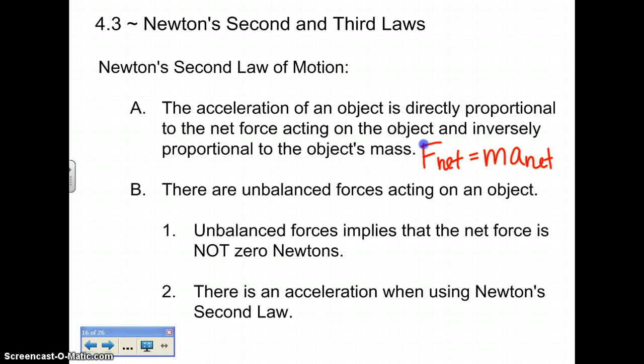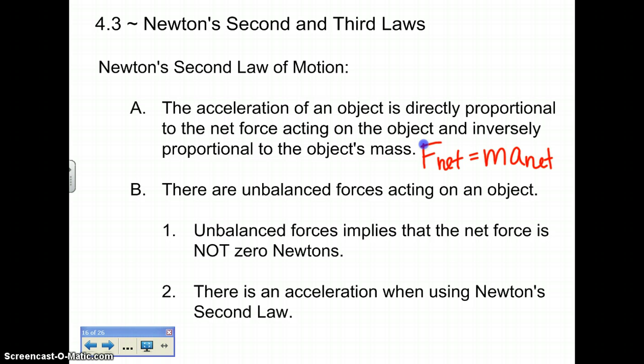So once again, the really big thing that I want you to get from this slide right here is, if there are balanced forces, then that means that one of two scenarios is occurring. The object is at rest, or the object is moving, but it's moving at a constant velocity, right? Because if you're at rest, v i equals 0, therefore your acceleration is going to equal 0. And if you're moving at a constant velocity, your cruise control is set. With me?